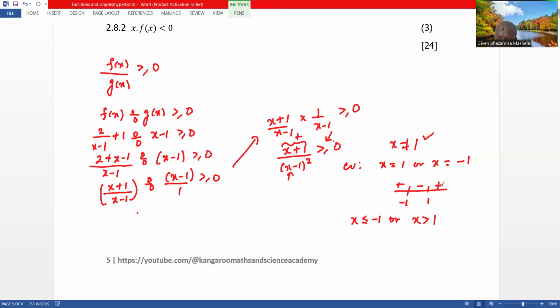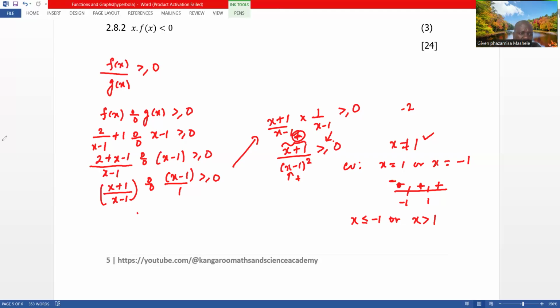Any number bigger than 1, this will be 2 positive, 2 positive. Between -1 and 1, let's use 0. It will be positive, 0, positive. It will be positive here. Okay, now I see it, -1. Any number less than -1, let's use -2. -2 plus 1 will be negative. And this one is negative. Yes, I see it. It's negative.